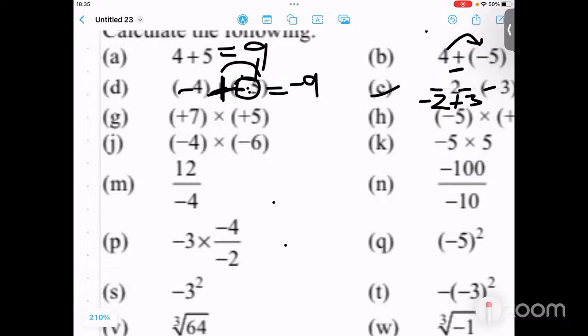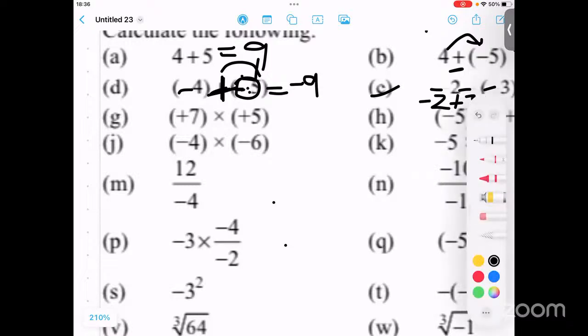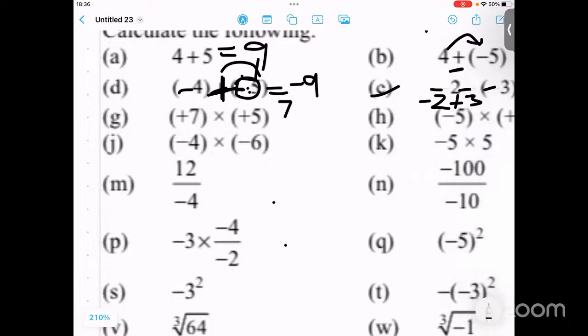What's going to be the process to answer the question? You're going to remove the brackets, and since they're both positive, you're just going to multiply them. So 7 multiplied by 5, which is correct. The answer is 35.